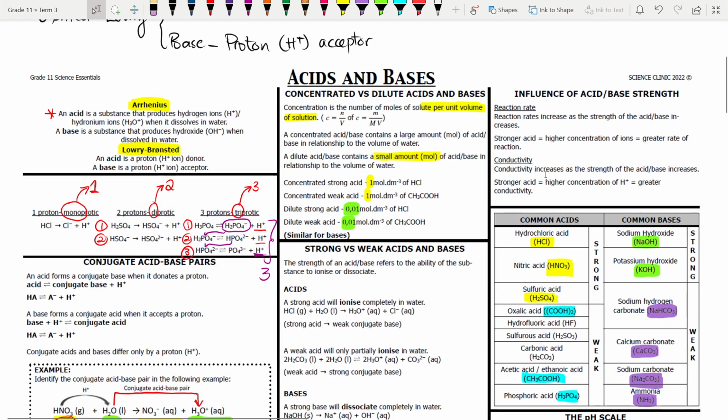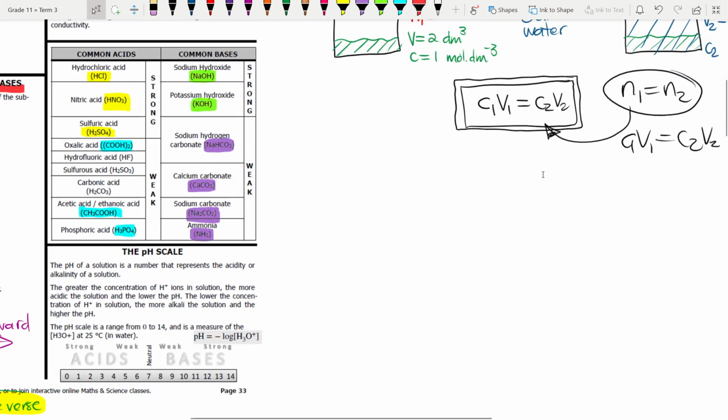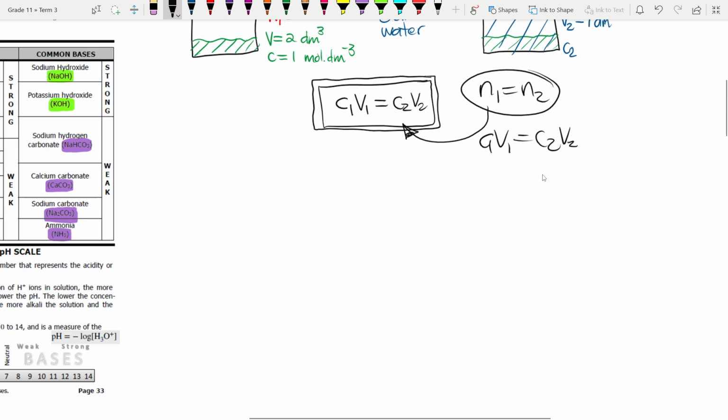strong versus weak acids. Yeah, this is very important, especially in grade 11. The strength of an acid or base refers to the ability of the substance to ionize or dissociate. Very important. So let me also talk about it on the side. Strong acid or base, weak acid or base.